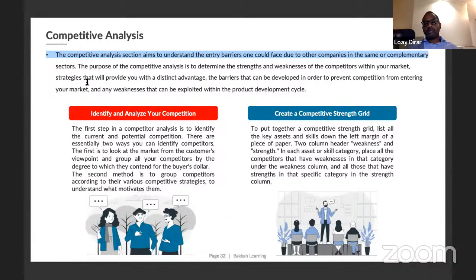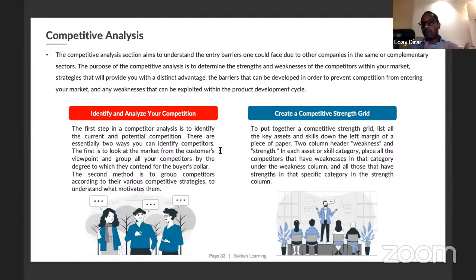Okay, so the purpose of the competitive analysis is to determine the strengths and weaknesses of your competitors. You cannot compete with all the competitors, by the way. You must find the most relevant top 5 competitors to your business. And once you start progressing in the market, definitely you're going to remove competitors and add other new ones.